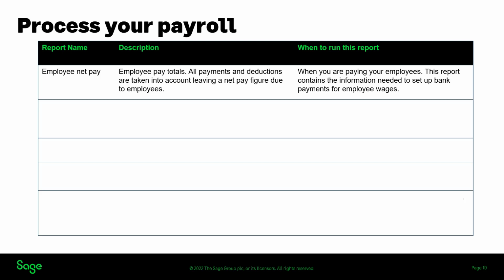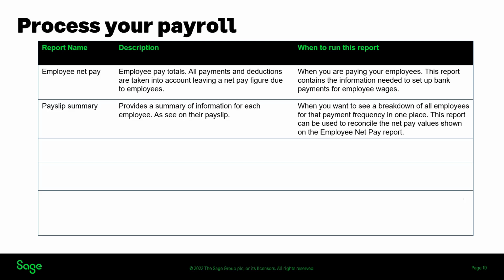So when you run that report, you can choose the pay frequency and the pay date, and you can see how much you need to send to that employee's bank. The next report is a payslip summary report, and that provides a breakdown of the information on someone's payslip. So if you want to see a breakdown of all employees in one place for one particular pay period, including their net pay, you can use that report.